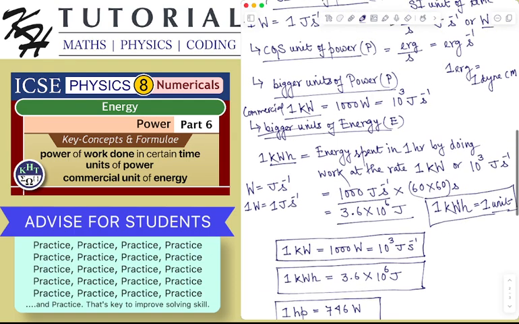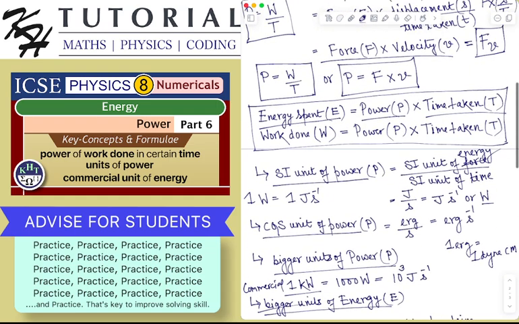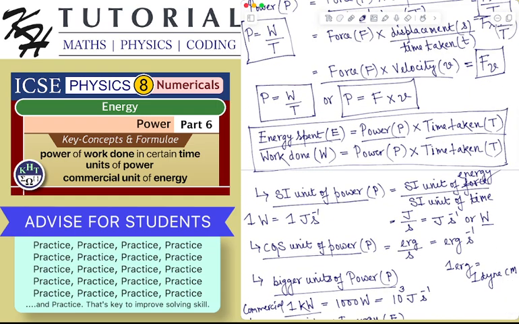These are about the units, and these two formulas: energy spent by a source of power having a power P in time T is P into T, or the total work done by a source of power having a power P in time T is also power multiplied by T. So power multiplied by time taken gives you the total energy spent or total work done.